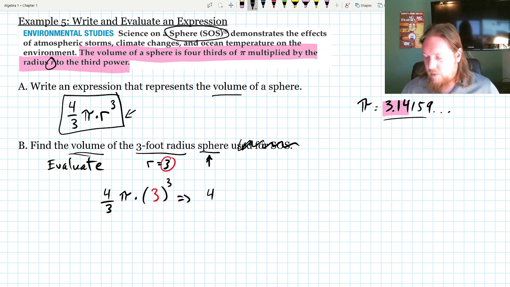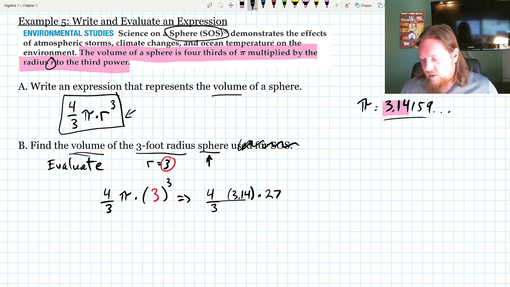So I'm going to go 4/3. Then I'm going to substitute pi for 3.14. And 3 cubed is 27. Now, the cool thing about a fraction is whenever you've got a whole number, or even an irrational number like pi, it's really divided by 1.